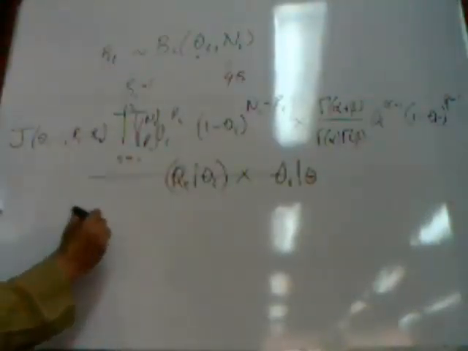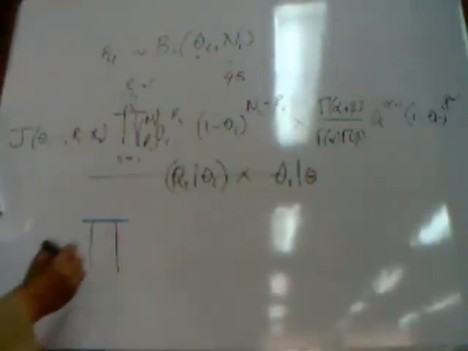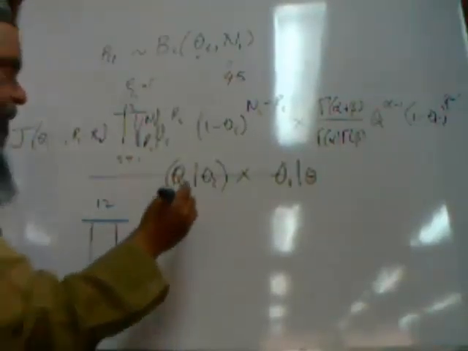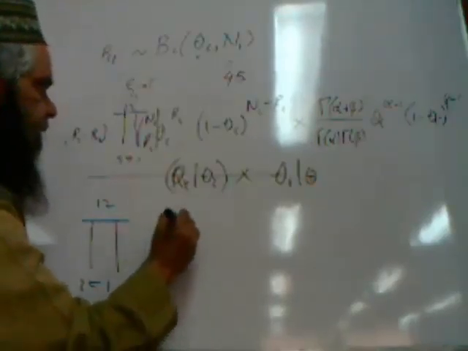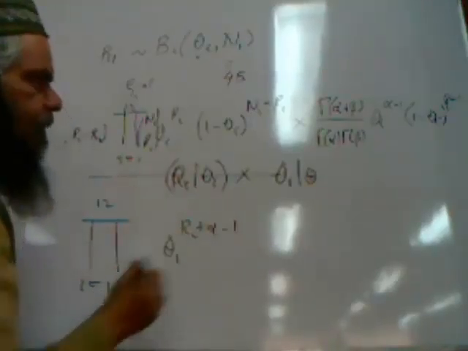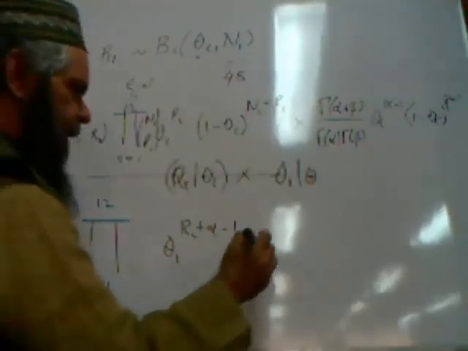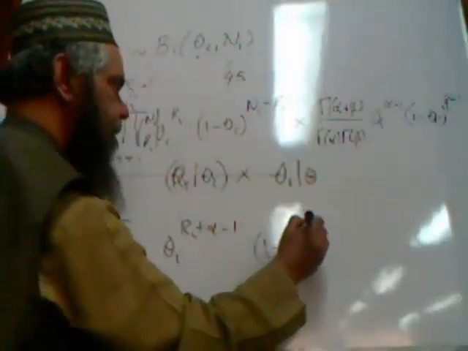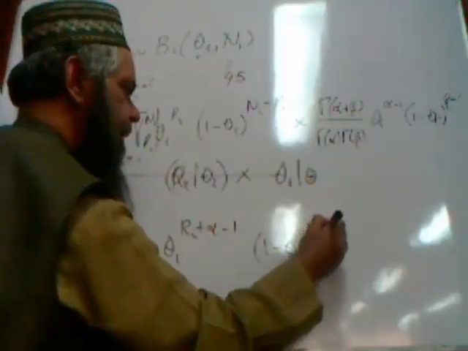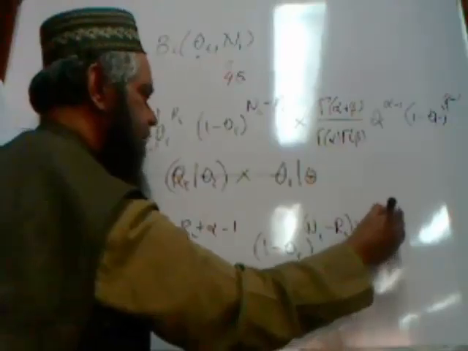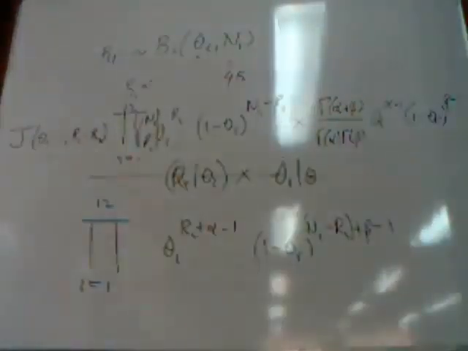Just ignore the constants and write down the density: product over i equals 1 to 12 of theta I to the Ri, this comes from the data, plus alpha minus 1, this comes from the prior, and then we have 1 minus theta I to the Ni minus Ri plus beta minus 1. That's called the kernel of the posterior density.